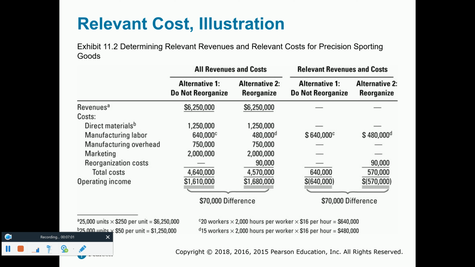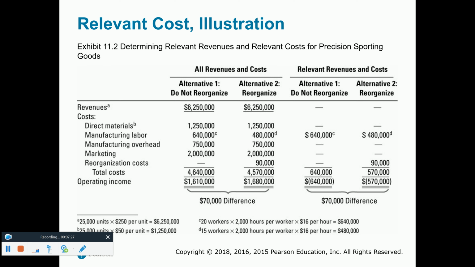So you can see it's $6,250,000 in each column. Now, if we reorganize or don't, we still have direct materials to pay. But look at the manufacturing labor. If we don't reorganize, we're going to spend $640,000 in labor. But if we reorganize, our labor costs go down to $480,000.